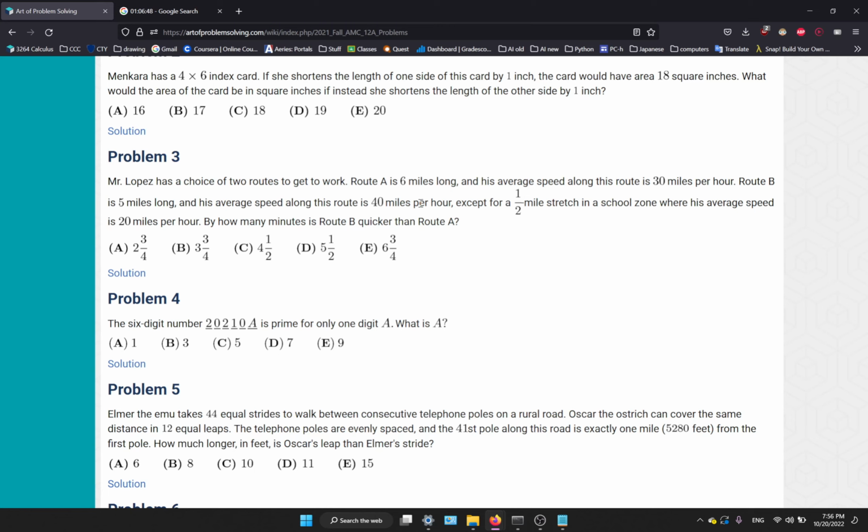What did we do wrong? 6 divided by 30. That's 1/5. Now we have 4.5 divided by 40. That's 9/80.